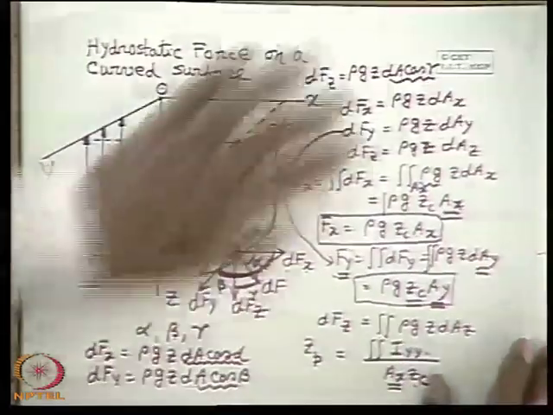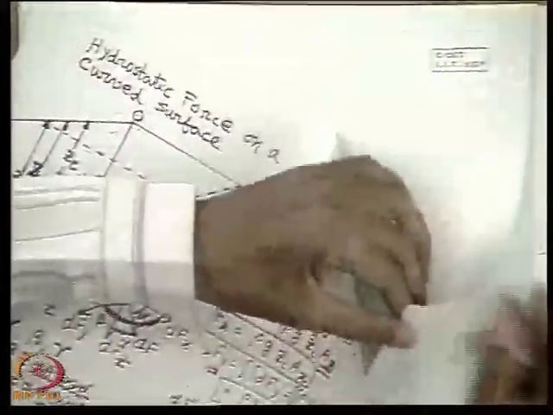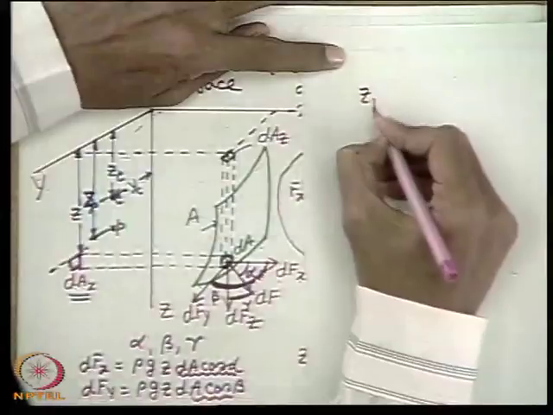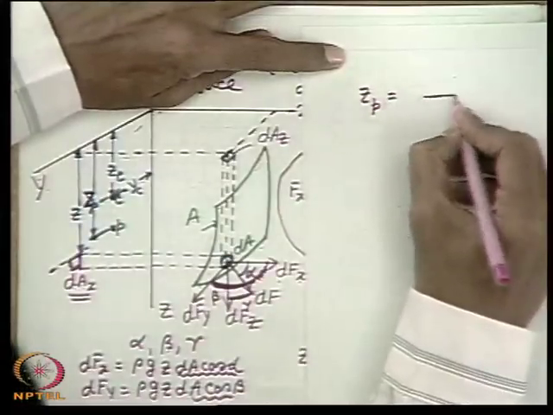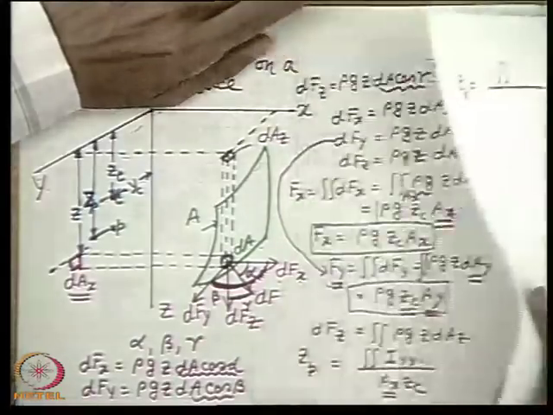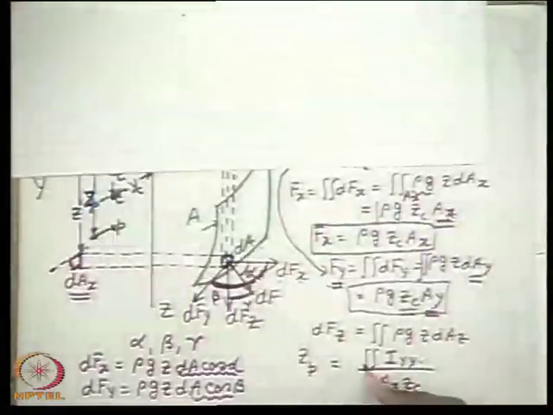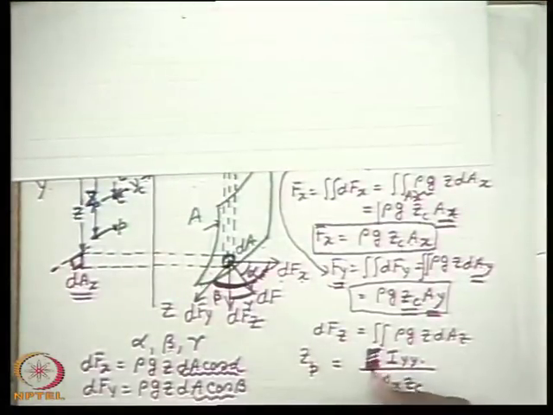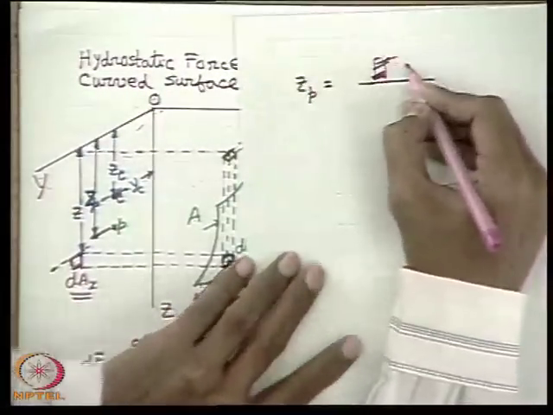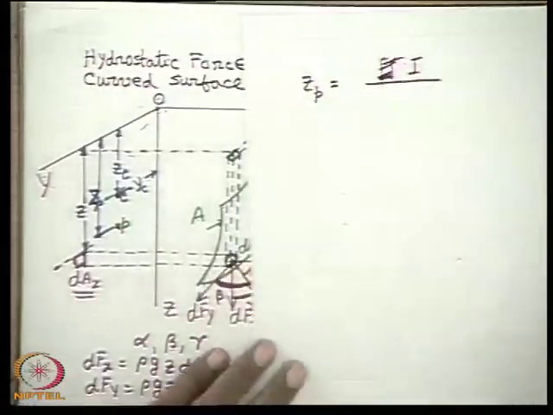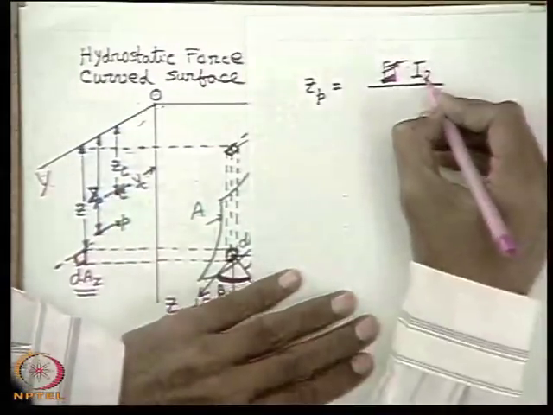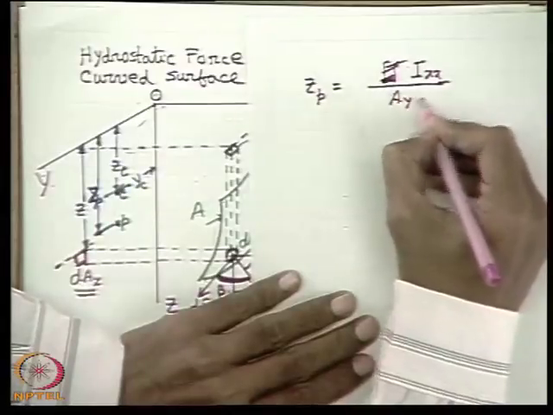Similarly, Zp, the point of application of Fy, is Ixx of the area Ay divided by Ay times the Zc.